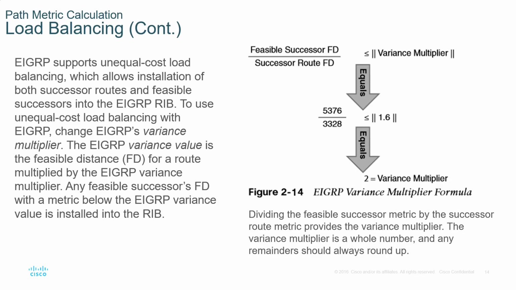If we change the variance to 2, then that changes the number of feasible successors that can be included. So the feasible distance for a route is multiplied by the variance, and any feasible successors that are then enabled are included into the topology for load balancing.